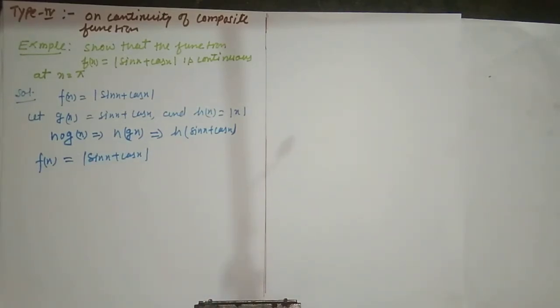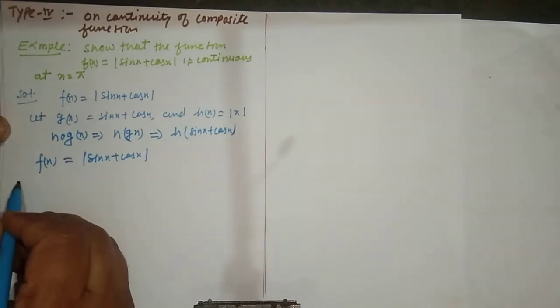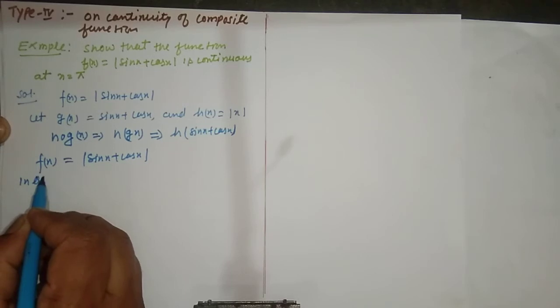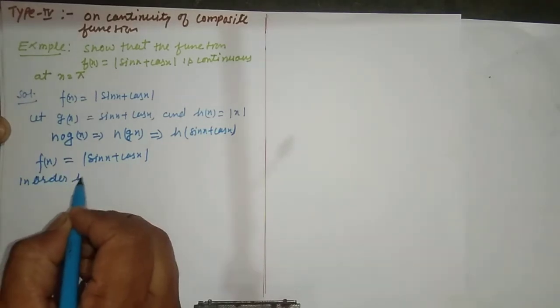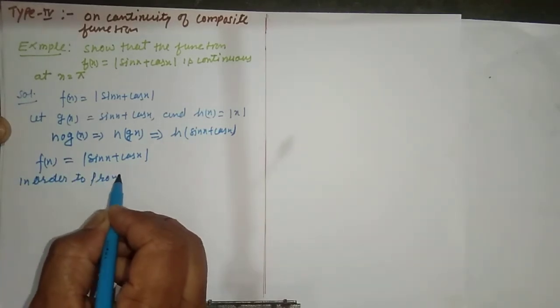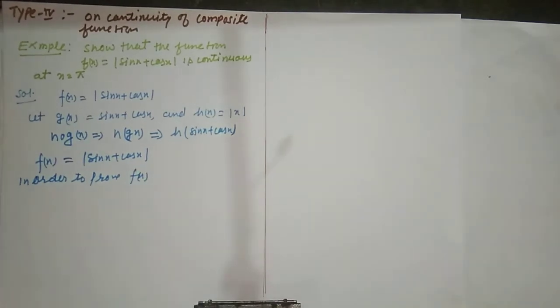Now what we have to do? We have to prove that this f(x) is continuous. In order to prove that, first we understand the composition of functions by a figure.